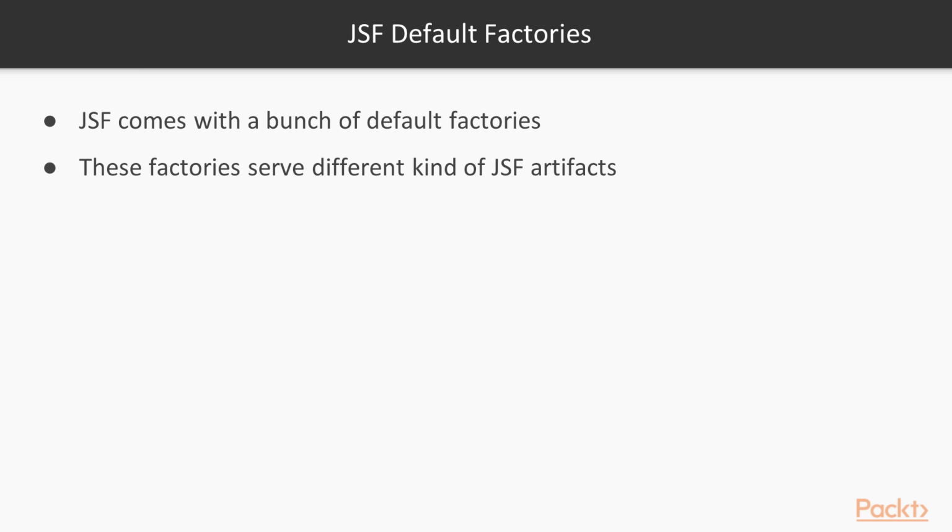Via these factories, Java Server Faces serves a significant number of artifacts, such as validators, converters, renderers, and so on. While these factories act in a silent mode, we can actually interact with them. We can modify them, replace them, and so on and so forth.